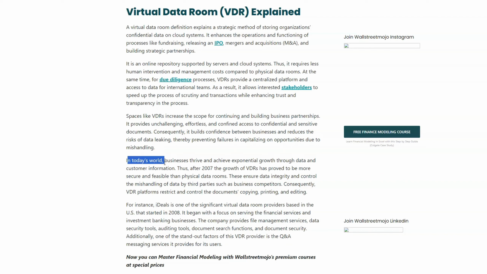In today's business world that thrives and achieves exponential growth through data and customer information. Thus, after 2007, the growth of VDRs has proven to be more secure and feasible than physical data rooms. This ensures data integrity and controls the mishandling of data by third parties, such as business competitors.